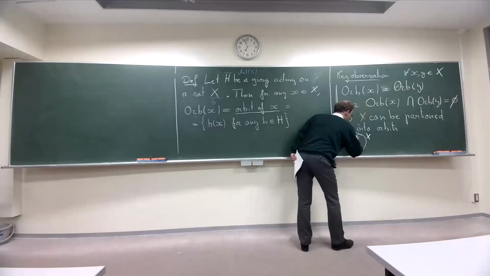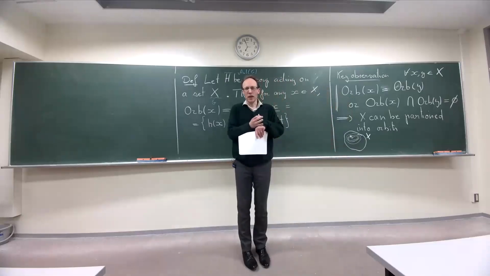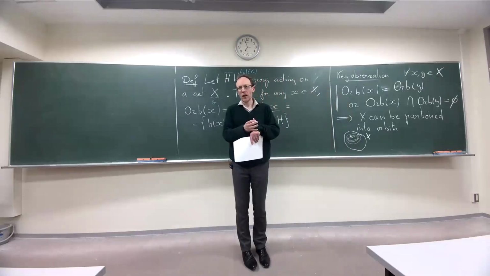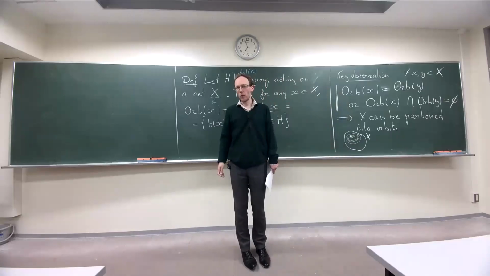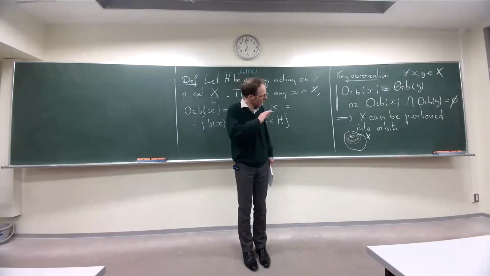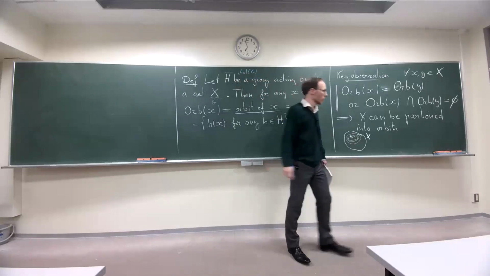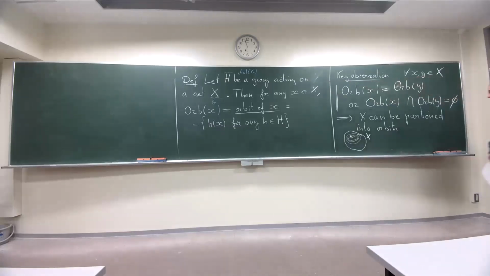Take a third point, you have a third image like this, and they have no intersection. But at the end, you cover completely X if you do it systematically. This is what is called a partition. You cover X by a set of orbits, and it covers everything. This is the notion of partition.